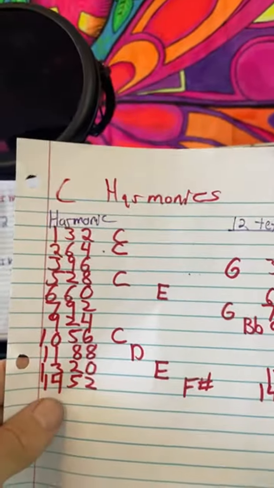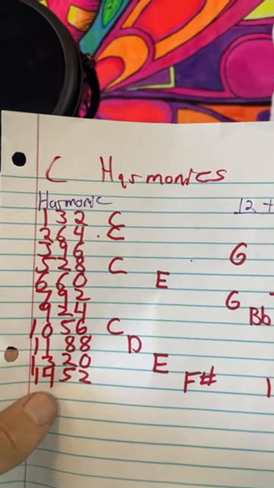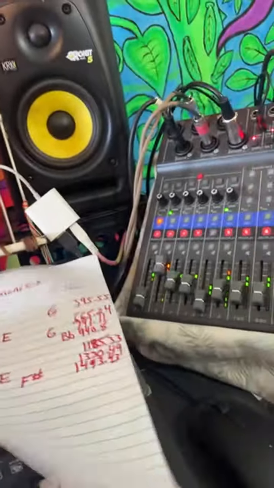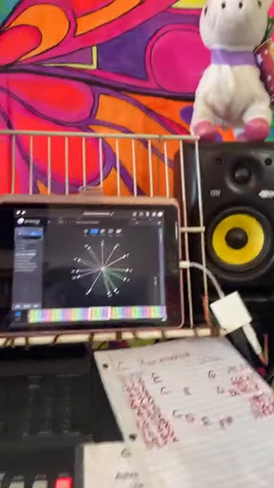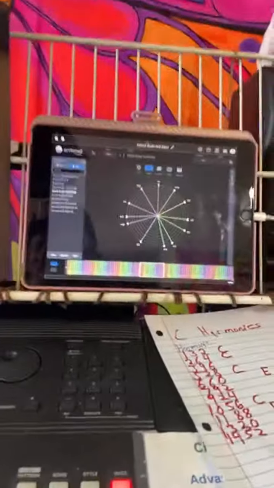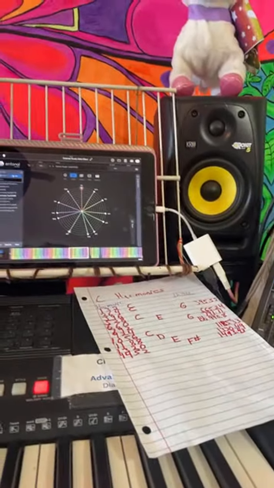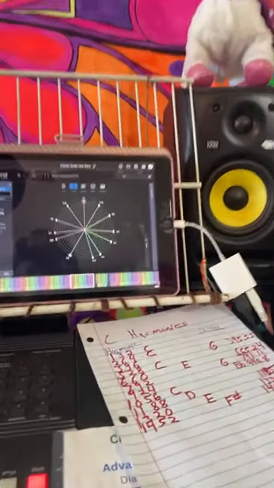And you'll notice from this, because G is the fifth of C, it's just not quite perfect. We got 396 versus 395.55, so that's just a little bit not quite perfect, but it's really, really close. But this is perfect.